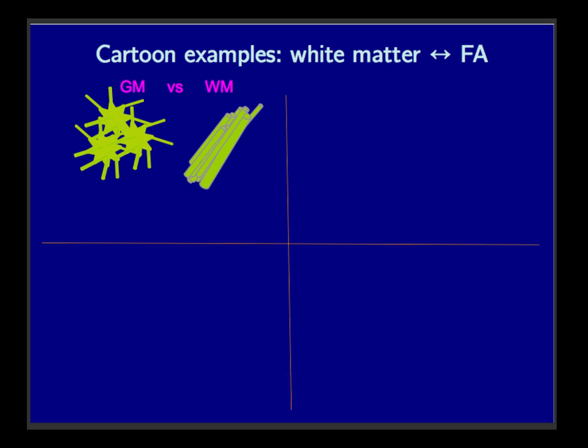Okay, so just as a cartoon example, if I showed you these things, so one is gray matter, which is just these kind of structures, and white matter. So in your head, think about the relative properties of an ellipsoid that you might have with these. And so essentially, which one's going to be more spherical? This is open for discussion.